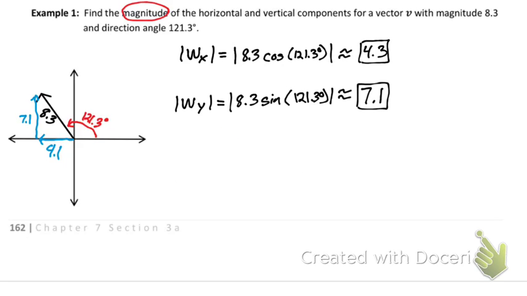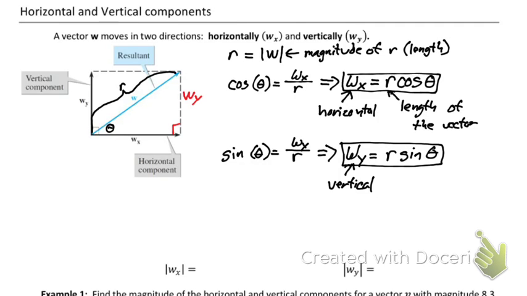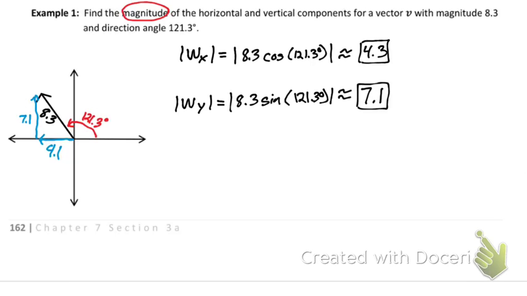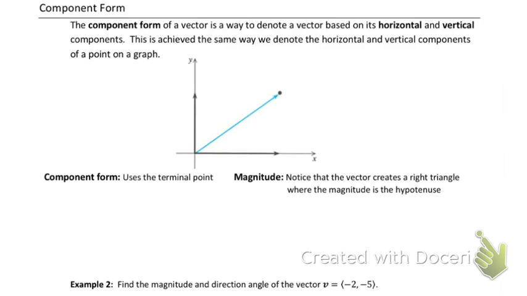As I illustrated here, our components are really our x and y values. So when we're talking about component form, it's not a surprise that we deal with them like x and y values. In fact, we write it almost like x and y values. This point, normally we'd say it's like 3, 2, it's our x and y values.